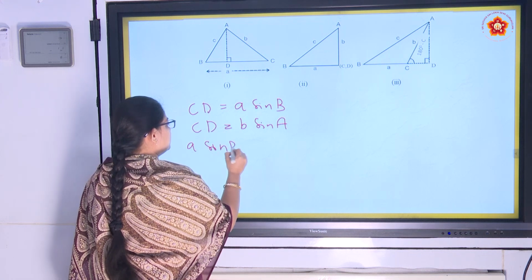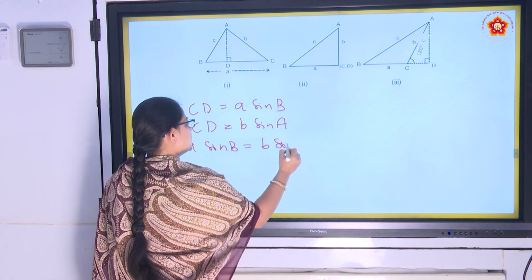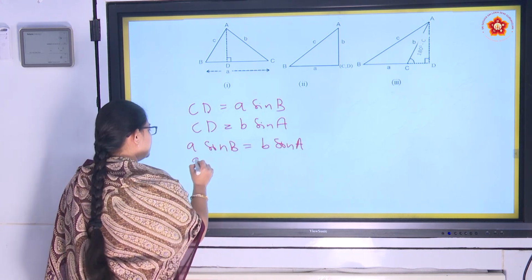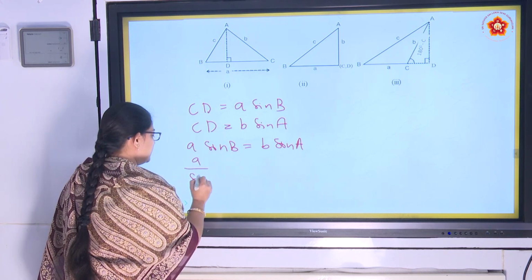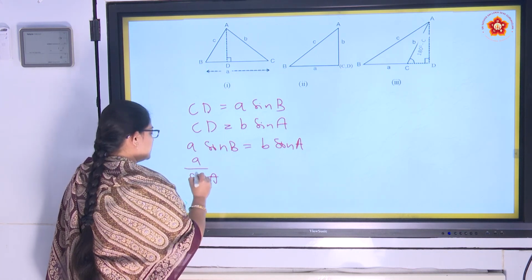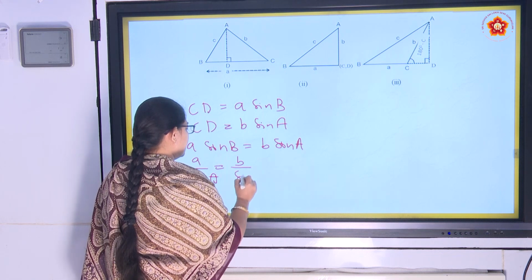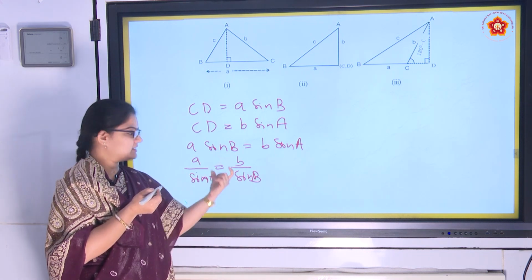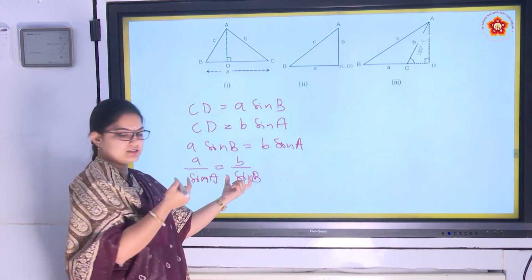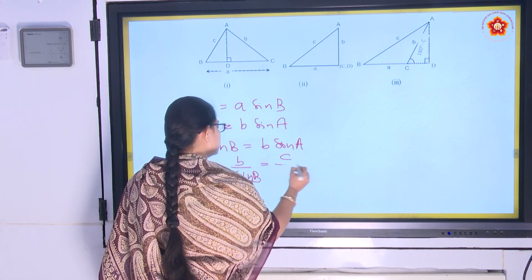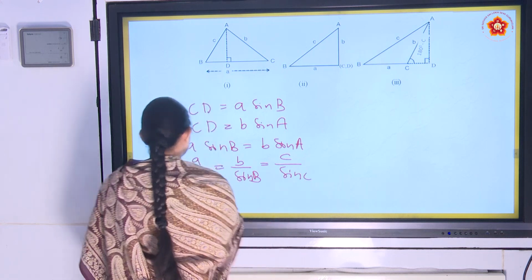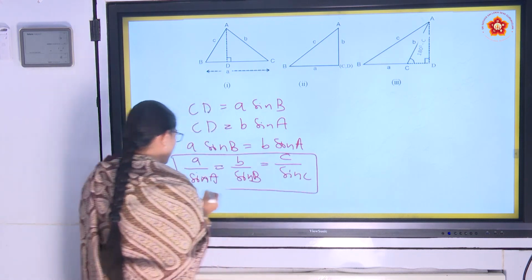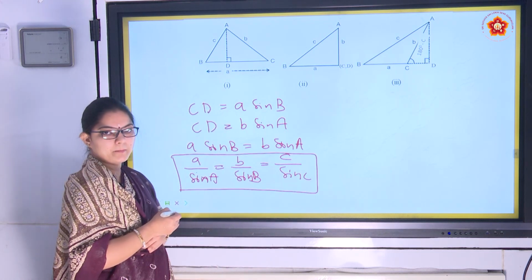That is, A sine B is equal to B sine A, or you can write that as A by sine A is equal to B by sine B. Since you already know B by sine B is equal to C by sine C, we can equate them to C by sine C.